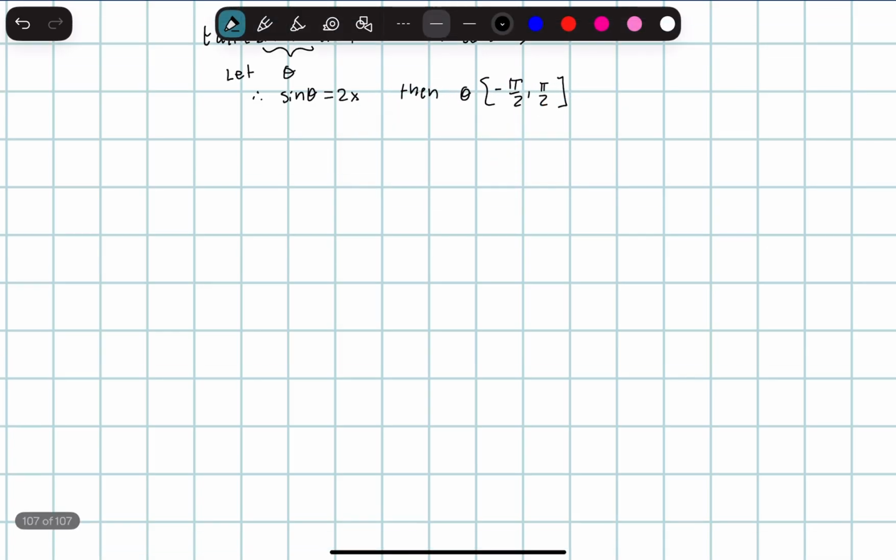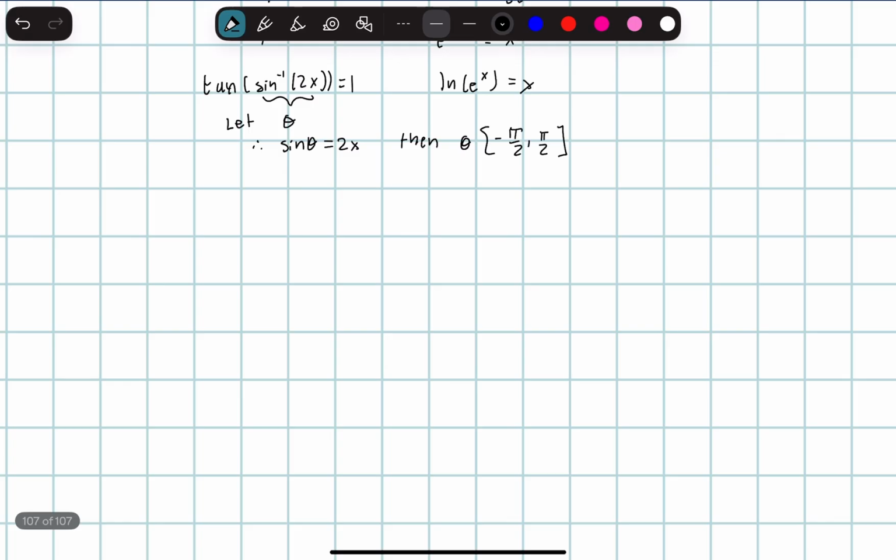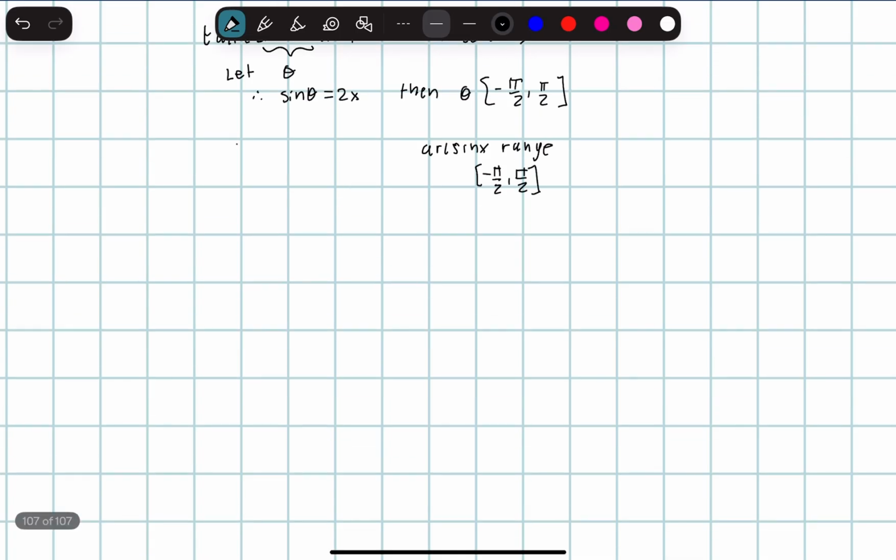Now we're going to solve tan of theta equal to 1 in the arcsine range, which is negative pi over 2 to pi over 2. This is at theta equal to pi over 4 plus pi k, that's the period.